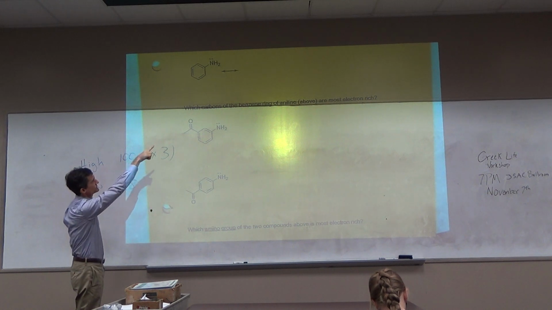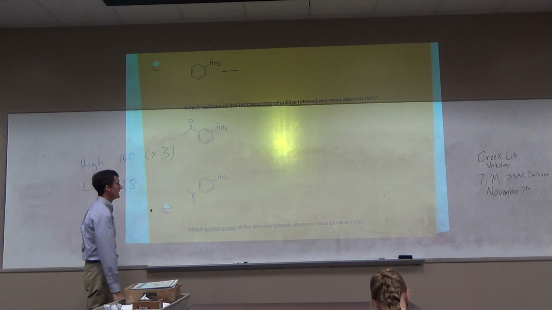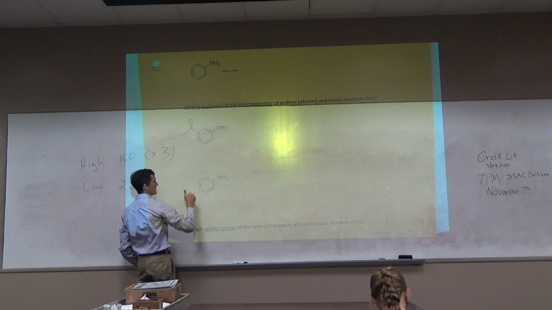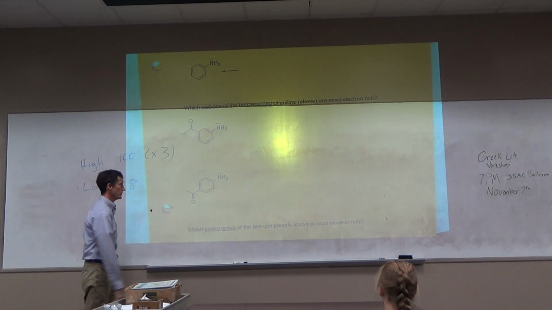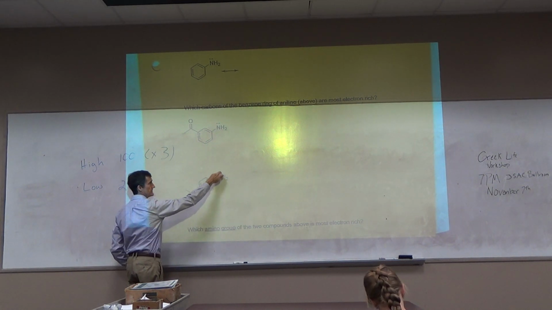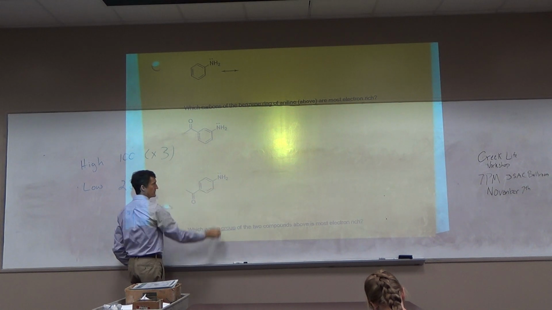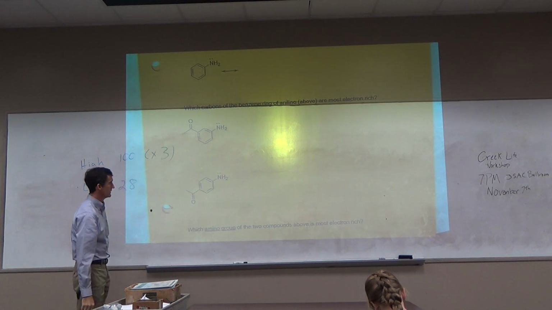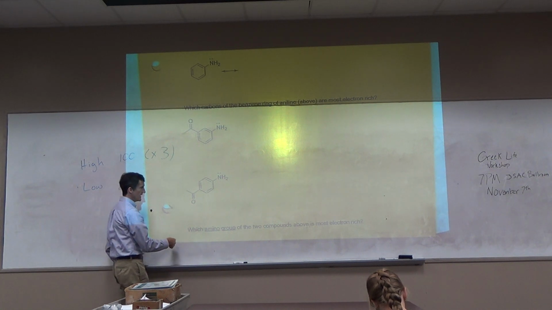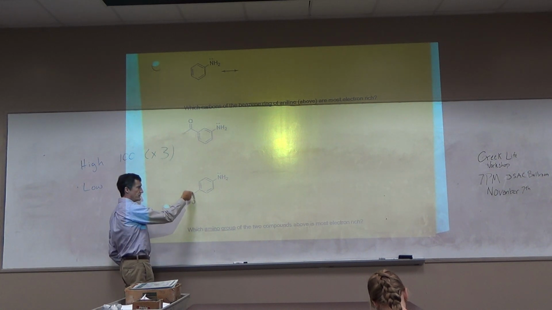With your resonance structures of aniline above, down here you may be able to draw extra resonance structures into this group. Again, starting with the lone pair, great place to start. In one of the next examples, we'll see that this carbonyl is also a good place to start.